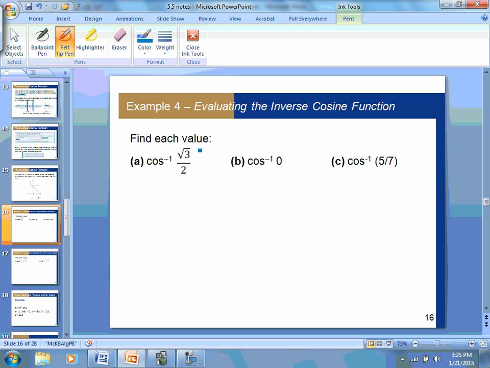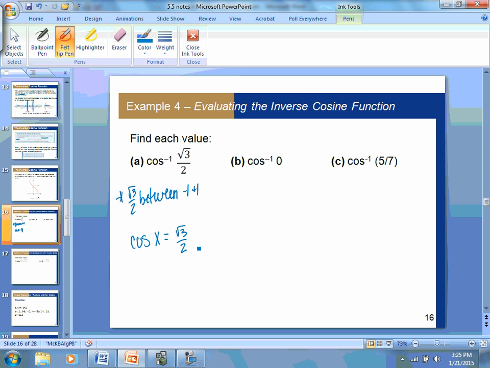Now again, square root 3 is 1.73 divided by 2 gets you a decimal that's between -1 and +1. So yes, the square root of 3 over 2 is between -1 and 1. So that means I can go ahead and work through this problem. Then I'm going to rewrite it just like we did before. So I'll have the cosine of something got me square root 3 over 2.